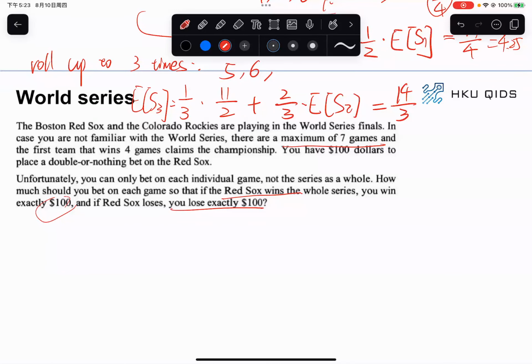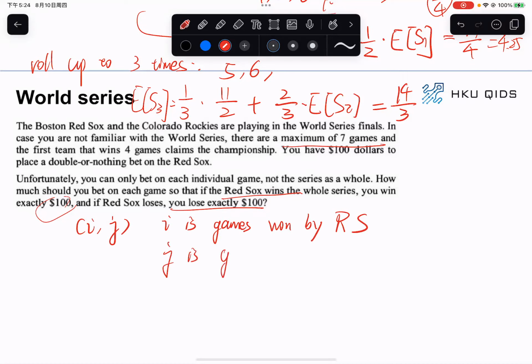So let's define F(i,j), where i is games won by Red Sox, okay? And j is games won by Colorado Rockies. We know i and j range from 0 all the way to 4, right?